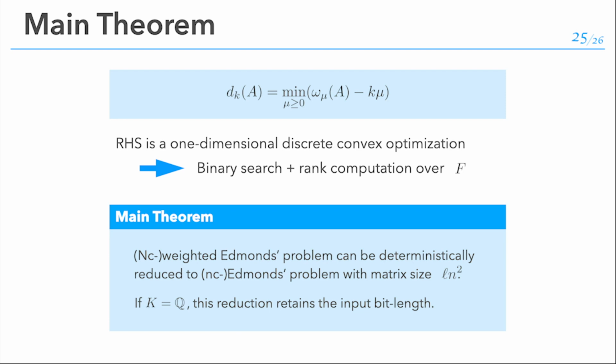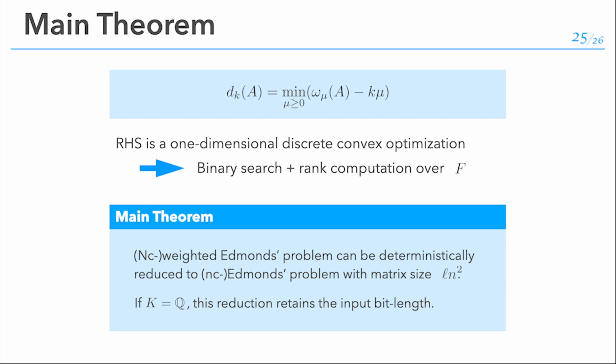In the Legendre conjugacy, the dk of A is obtained by the minimum of omega mu of A minus k mu. So to compute the dk of A, it suffices to compute the minimum value of this quantity on the right-hand side. Here, the objective function of this minimization is a discrete convex function.